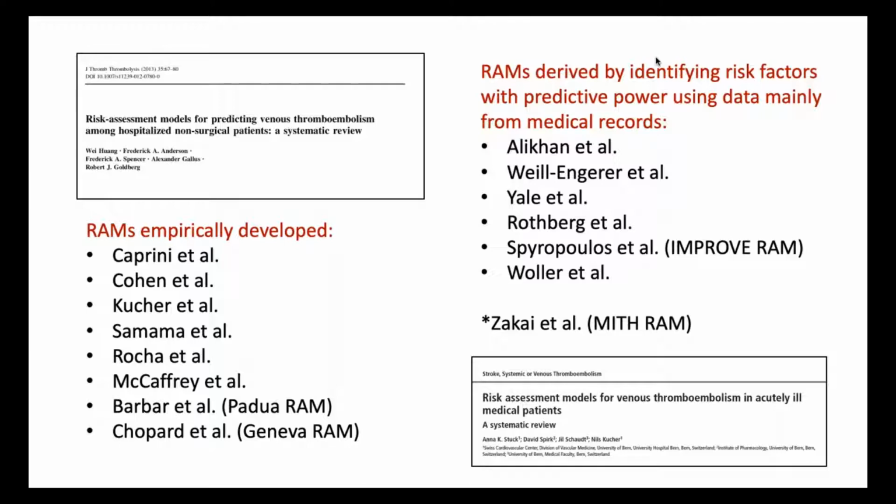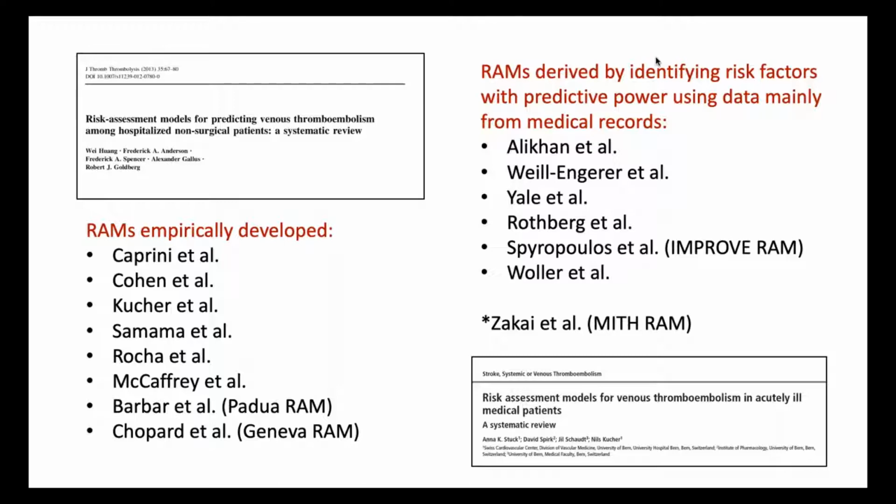We identified 15 risk assessment models, 8 of which were empirically derived using consensus guidelines, published data, and input from clinical experts, including the Padua model, which is one of the extensively validated models, as in it has been tested several times in populations other than the one it was derived in, and performed well.